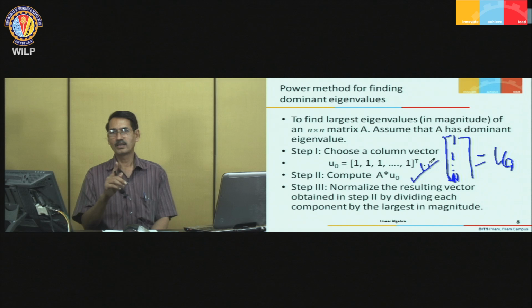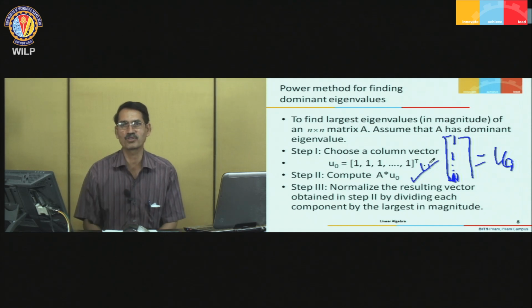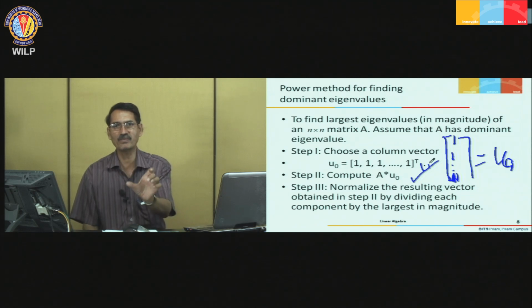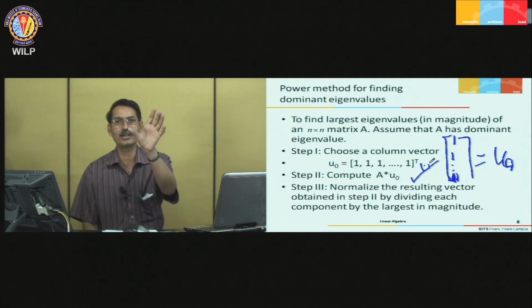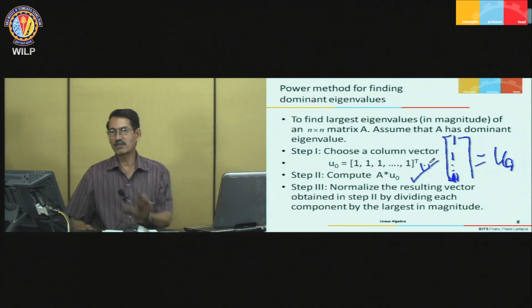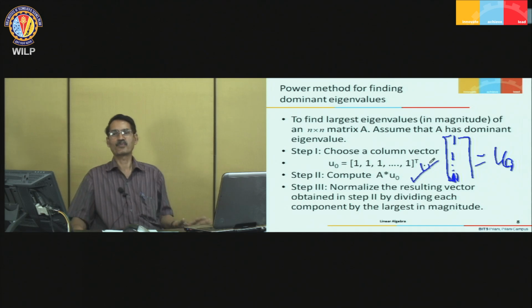So, therefore, normalize the column vector or the column matrix A into U0. How to normalize, and what is the meaning that this column vector is in the normalized form? Okay.